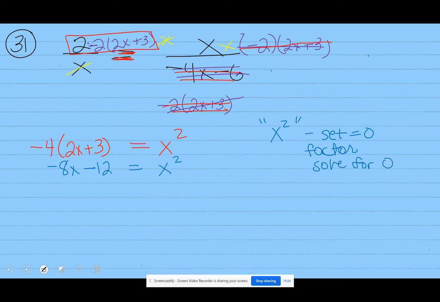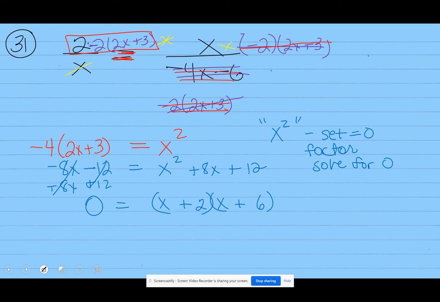Solve each factor for 0. Okay, so I'm going to add 8x to both sides. I'm going to add 12 to both sides. And now it says equals 0. I'm going to factor it. Multiply to give me 12 and add to give me 8 is 6 and 2.